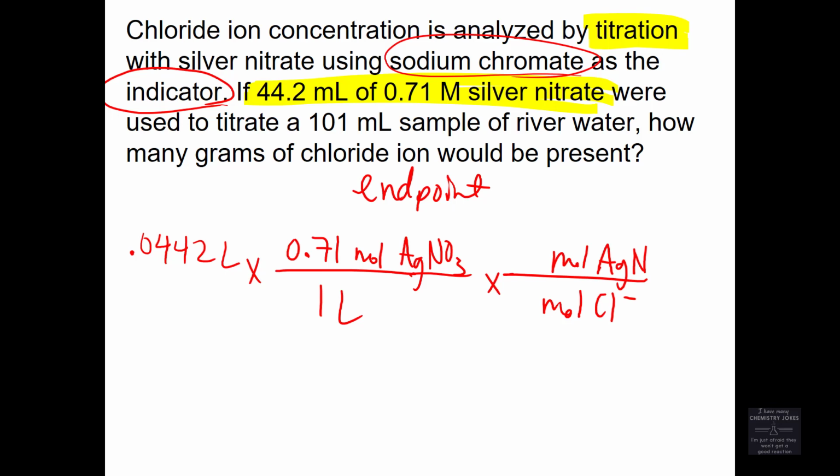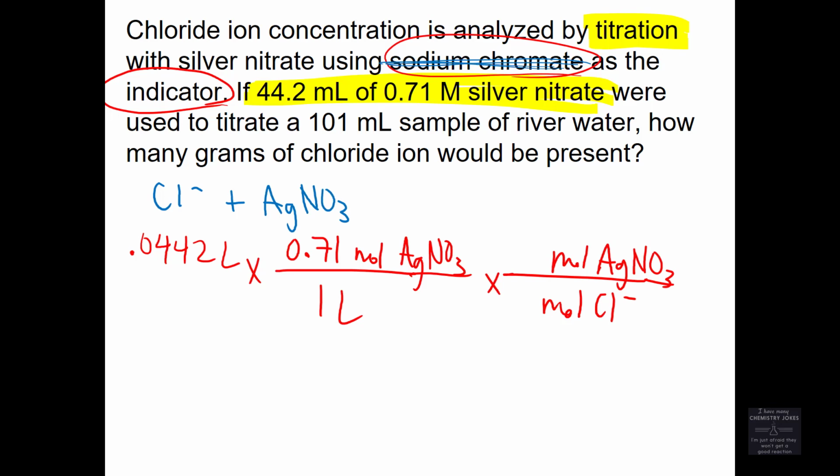I just went off to the races with all the numbers and we had no discussion of how these things react together. I think it's reasonable to start with a reaction, don't you? Chloride ion concentration is analyzed by titration with silver nitrate. This is where I was saying sodium chromate does not matter. Do not put sodium chromate in your equation.